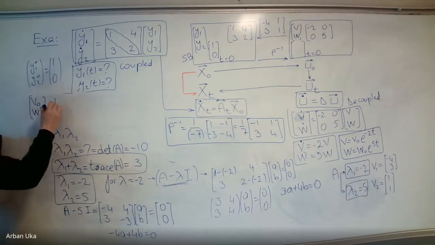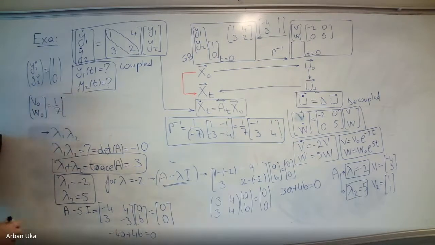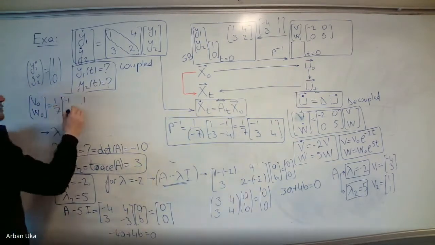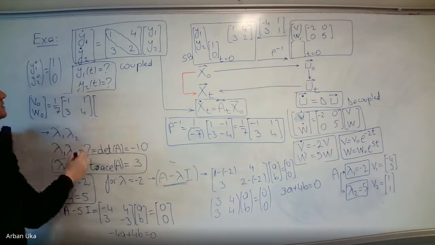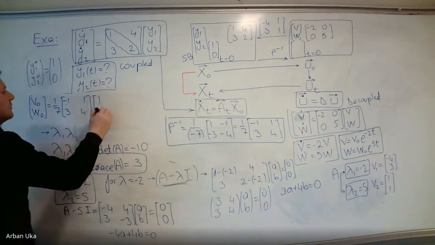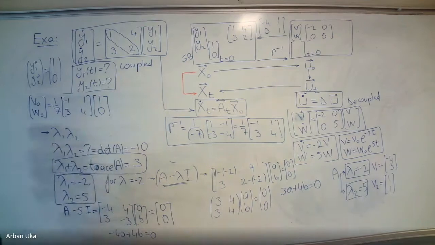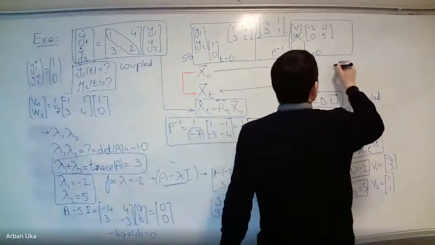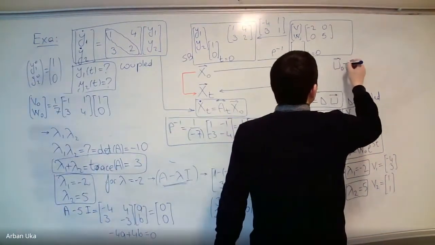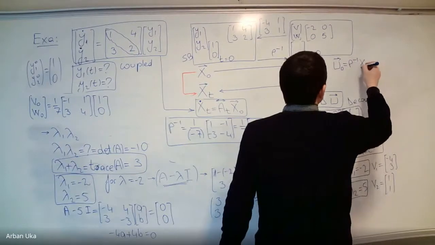This is equal to 1/7 times minus 1, 1, 3, 4 times this, because we know that u0 as a vector should be equal to P inverse times x0.